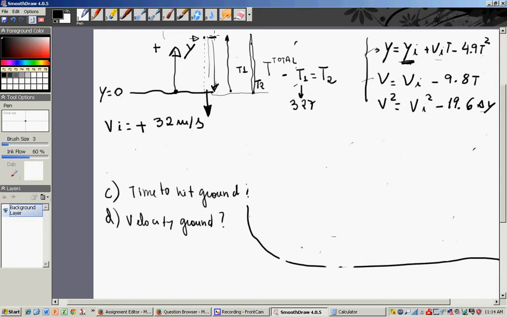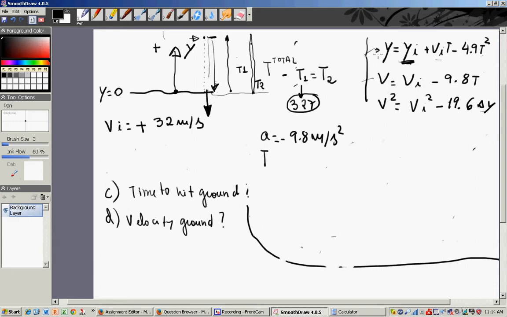So let's say you guys, in the heat of an exam, didn't see the first solution of putting the top part as the one with initial conditions. Let's say you didn't see that. But what do you know of your problem? Well, you know that at any given part of the motion, the acceleration is negative 9.8 meters per square second. And you want to find the time. You want to find total time, right?